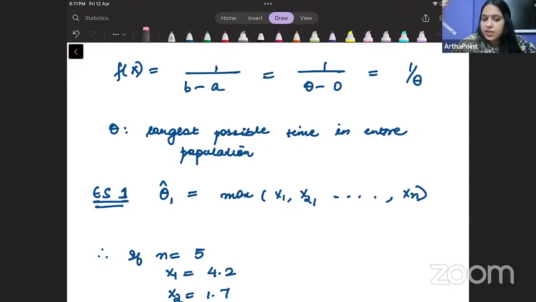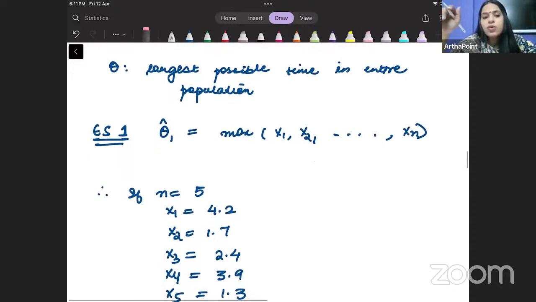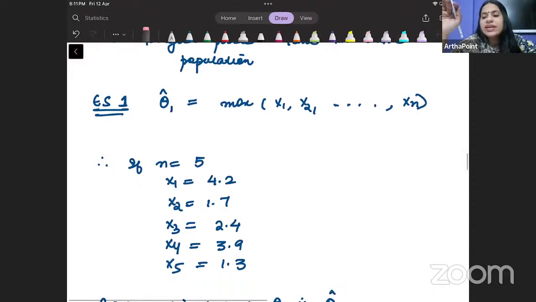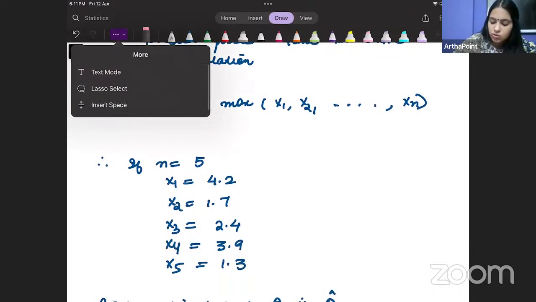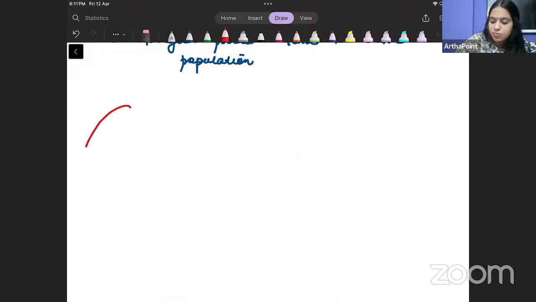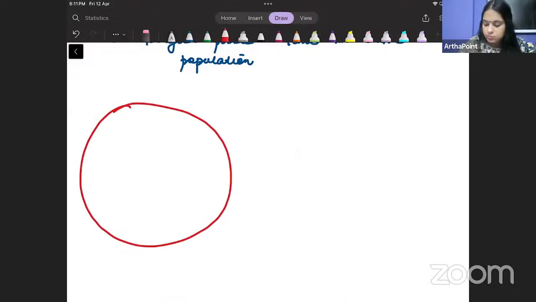Clear? Now what we do is, we want to collect a sample. Now listen to me carefully. Imagine that this is a population. This population has a lot of values, but I know that all those values have to lie between 0 to theta.